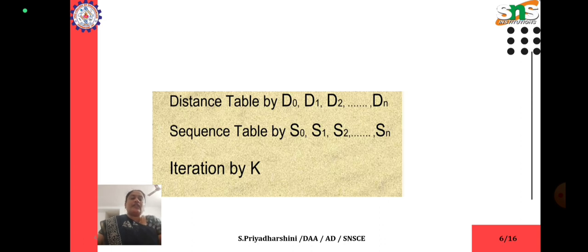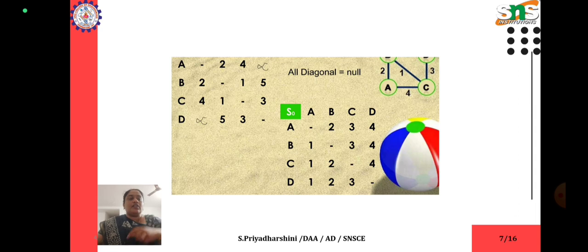So how do we calculate? The simulation uses distance tables D0, D1, D2 etc. up to Dn, and the sequence tables S0, S1, S2 etc. up to Sn, and the iteration is done k times. So this is how, for iteration 1, you have to find the distance matrix, and the example we see on the screen is an example for iteration 1.